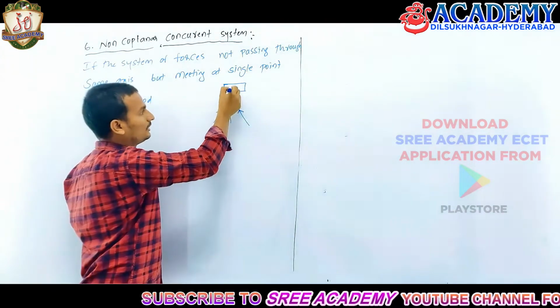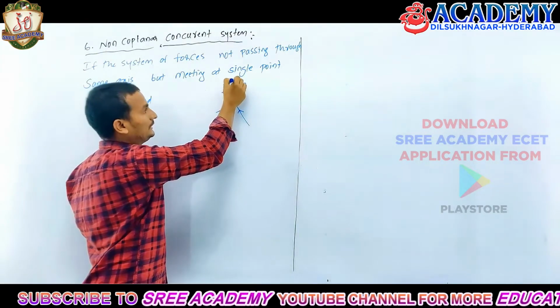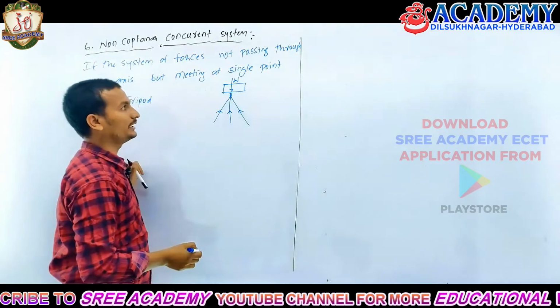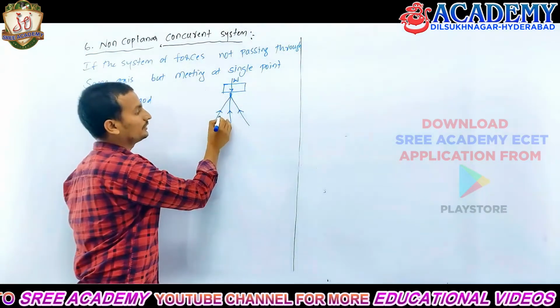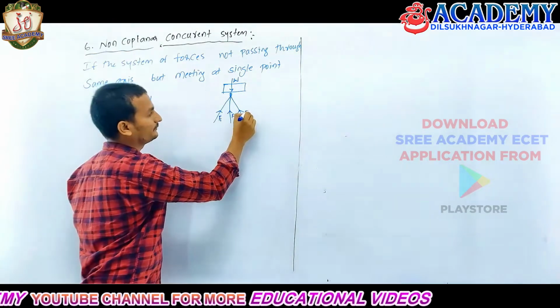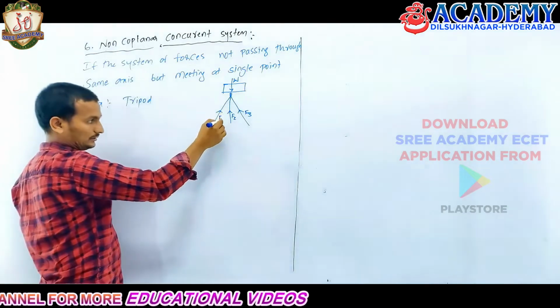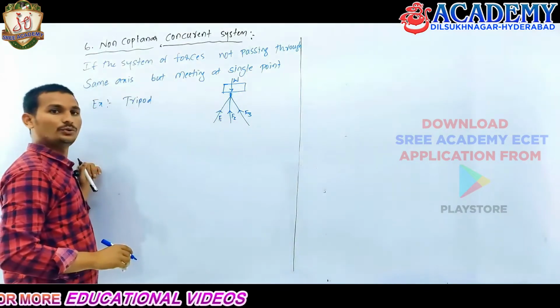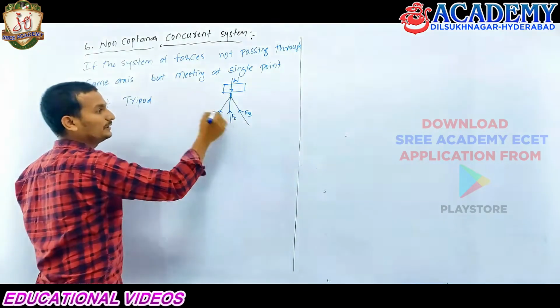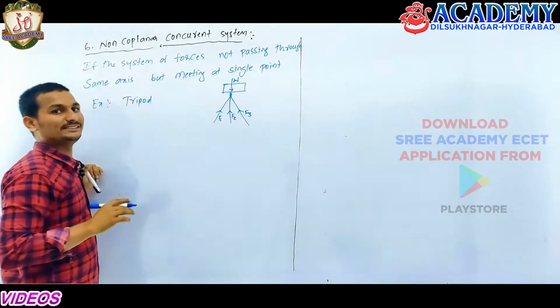The weight of the instrument I am taking as W, and the leg forces are F1, F2, F3. See, are they in the same axis? No. This F1, F2, F3, W are different axes.